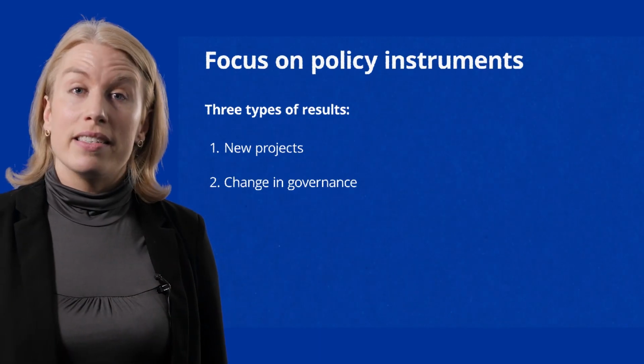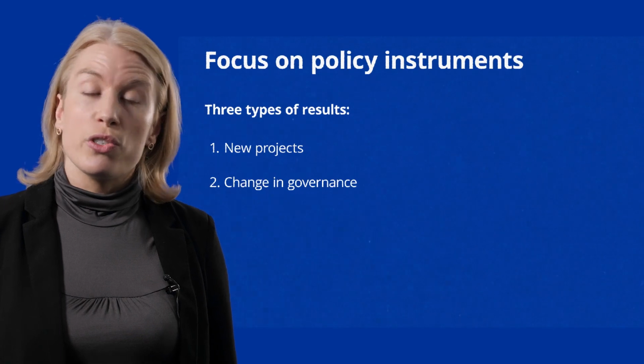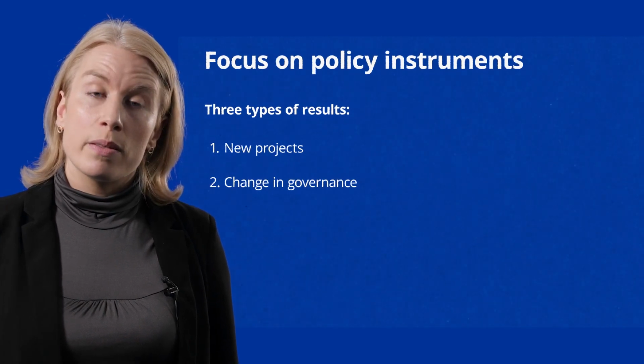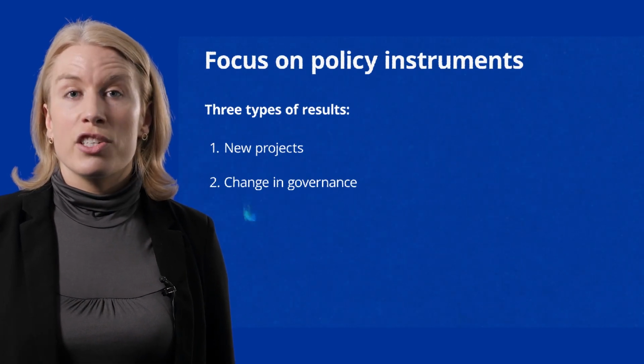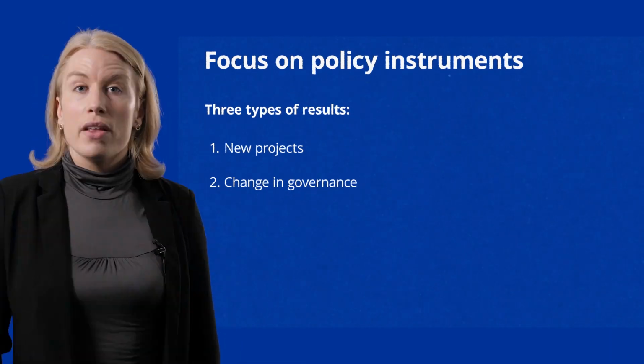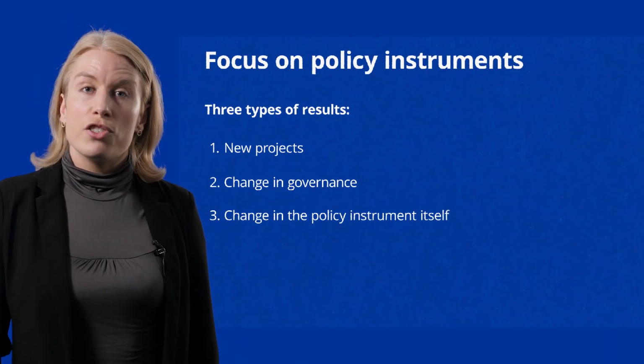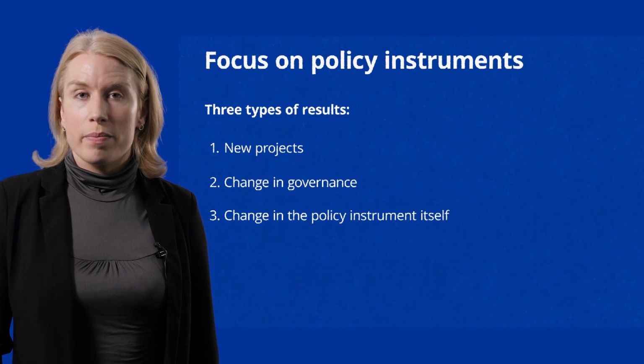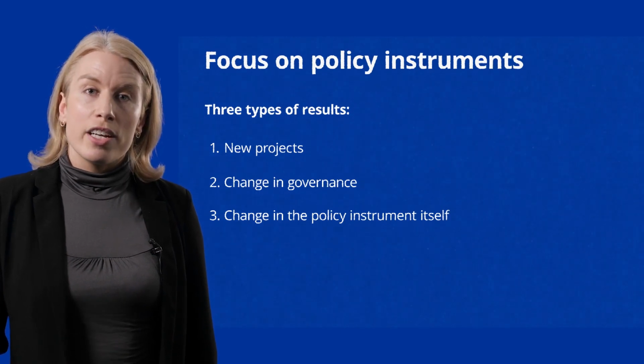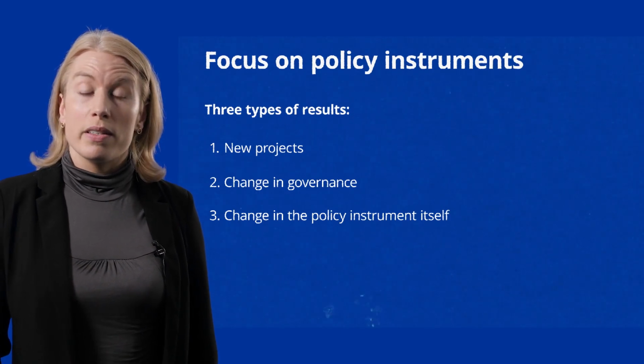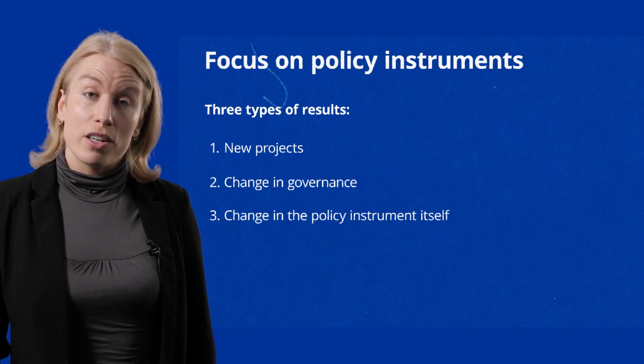The authority may decide, for instance, to introduce new indicators in the monitoring system or to change some of the selection criteria for funding new projects. The third type of improvement is changing the instrument itself. By this we mean changing the content of the policy instrument, the specific thematic issues that are covered. So these are the 3 types of improvement that we would expect to see coming from your Interreg Europe project.